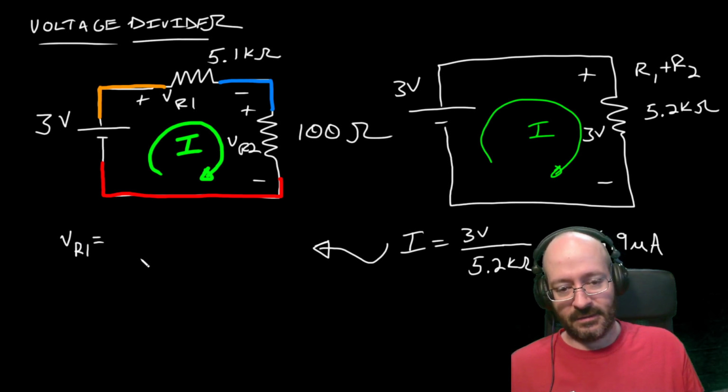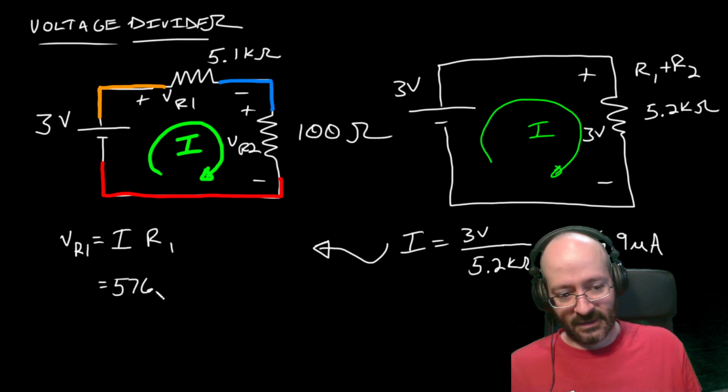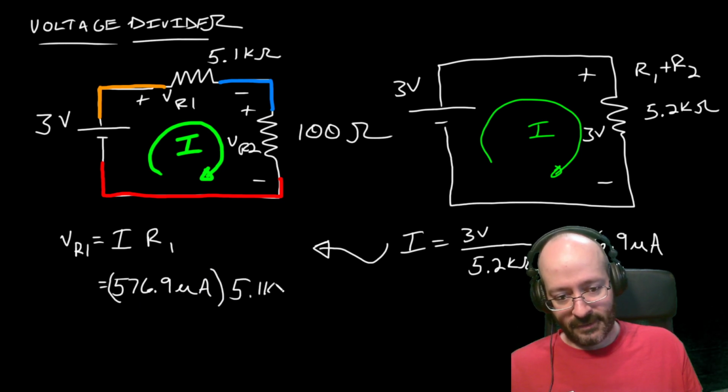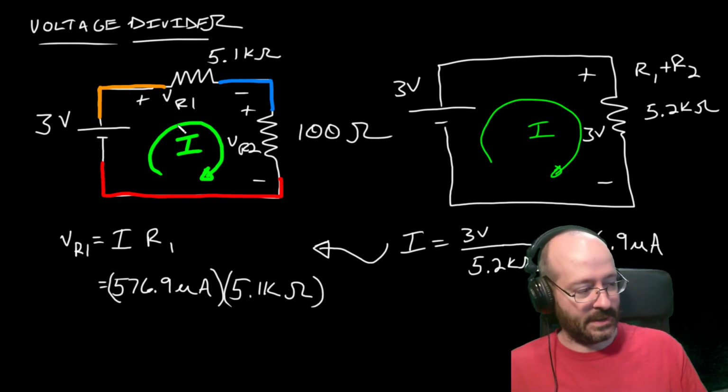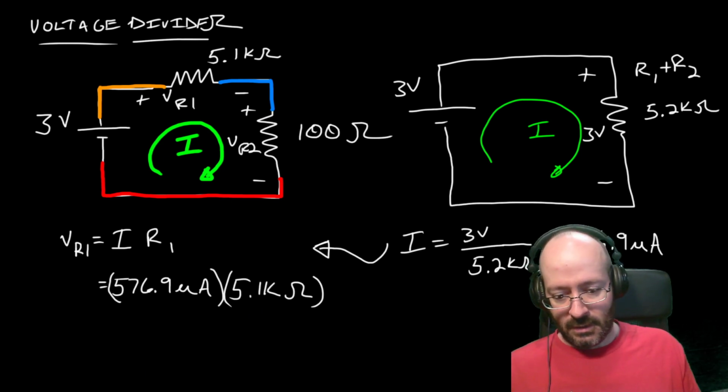We can calculate V sub R1 by taking that current and multiplying it by the resistance of R1. So I'm going to plug in 576.9 microamps, and multiply it by 5.1 kiloohms. That's going to tell me what the voltage across that resistor should be. So calculator.